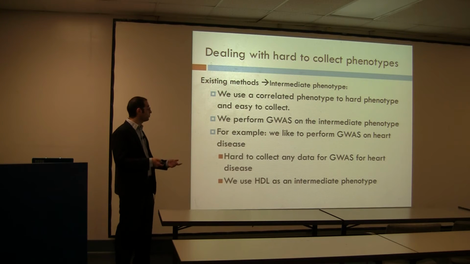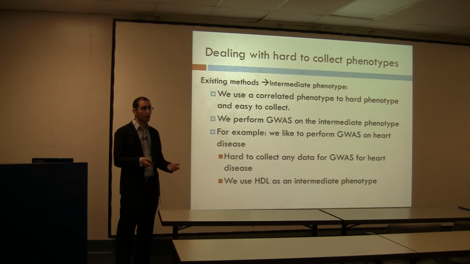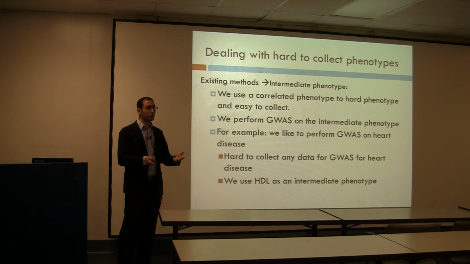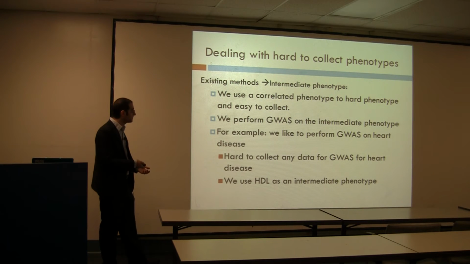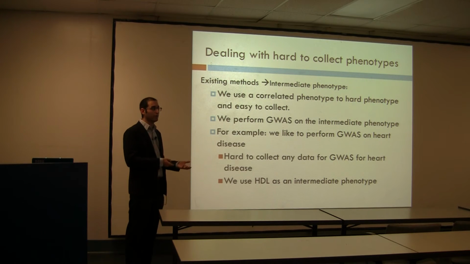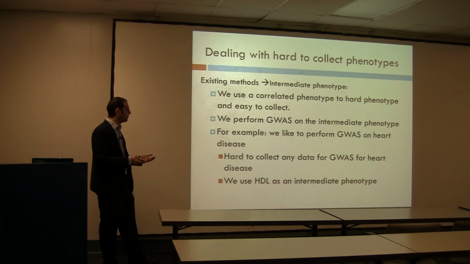And instead of performing GWAS on the hard to collect phenotype, they perform GWAS on this intermediate phenotype, which is easy to collect. An example is that instead of doing GWAS on heart disease, what people do now is collect HDL as a good approximation of heart disease, perform GWAS on that, and use the result of the HDL as an approximation for heart disease.